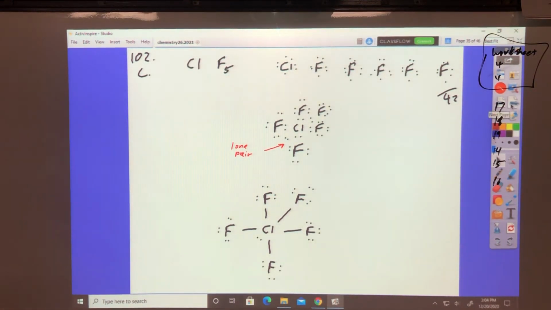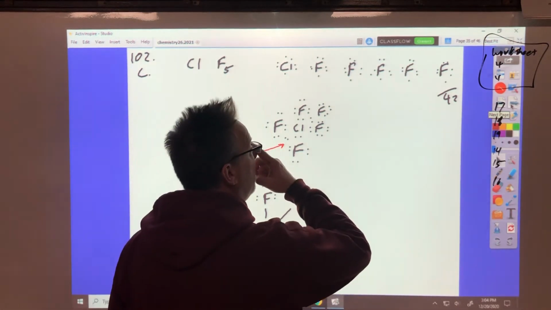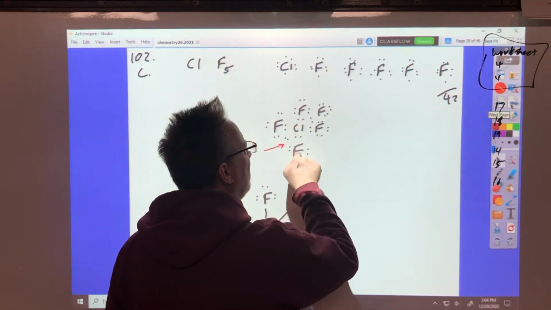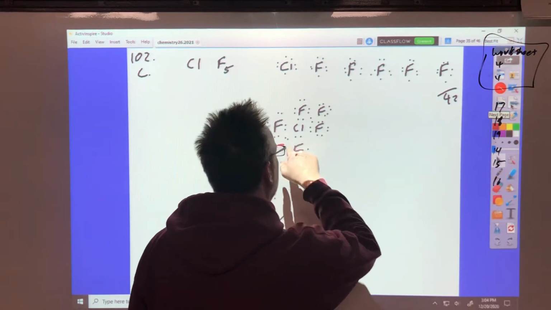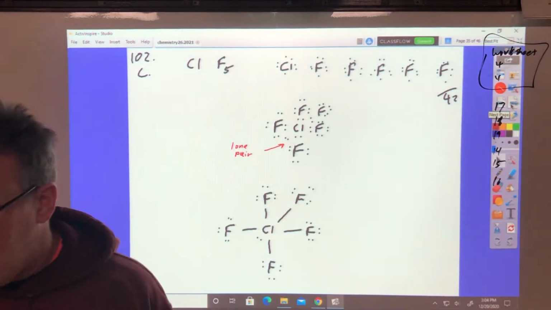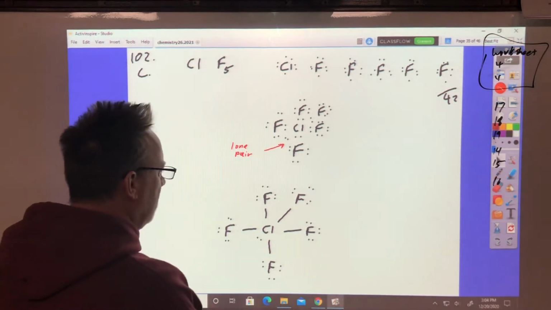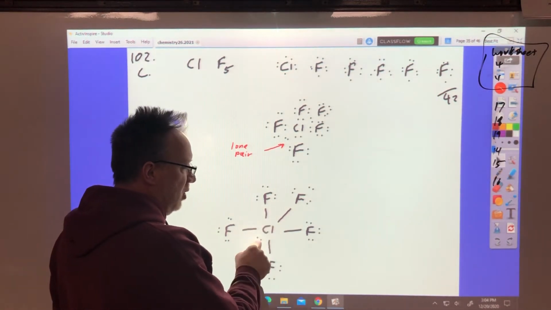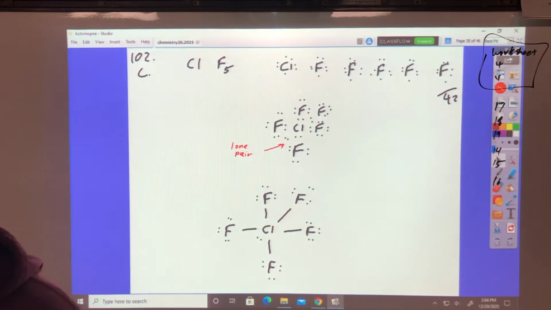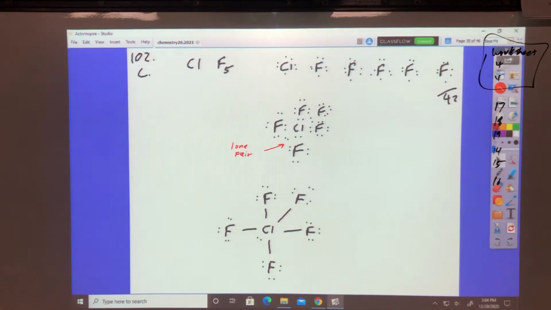When you add all this up, you should end up with 42. So basically you got 8 times 1, 2, 3, 4, 5. You still need 2. And so you're going to put an extra lone pair on that chlorine. So chlorine actually is sharing 2, 4, 6, 8, 10, 12. Chlorine can do some pretty strange stuff.